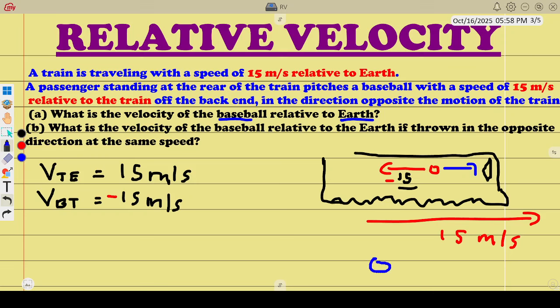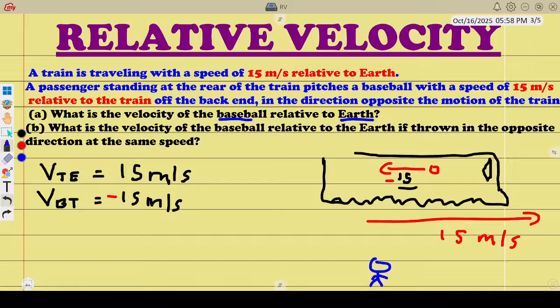So meaning when someone is on the earth, when someone is standing here, this ball was thrown in the opposite direction. So what is the velocity? What we said is the train is moving forward, meaning velocity is 15. Yeah, they gave us 15.